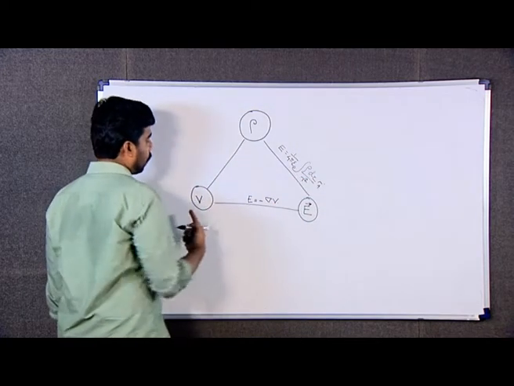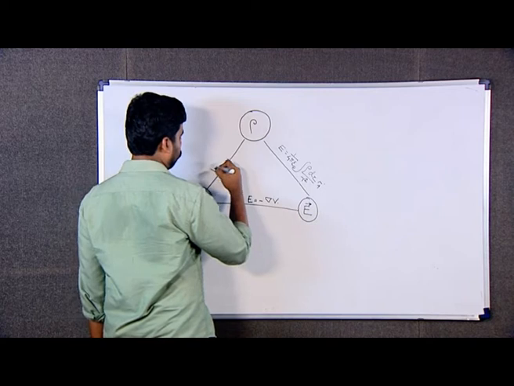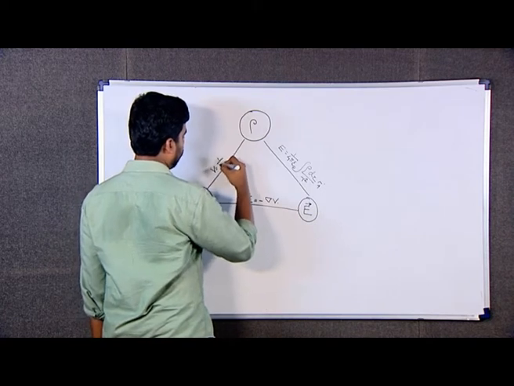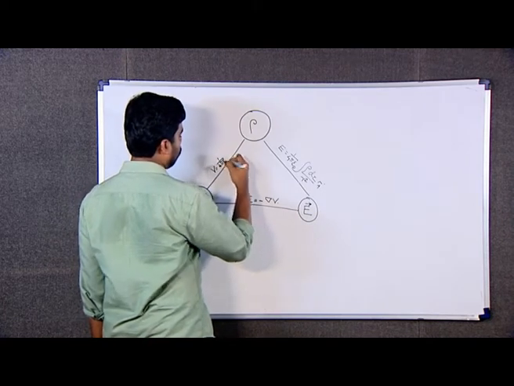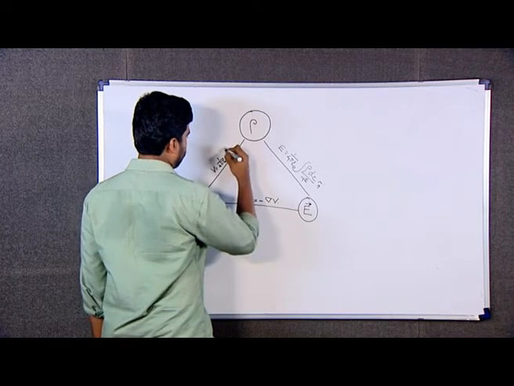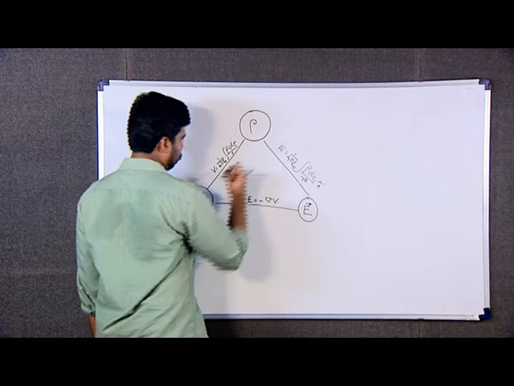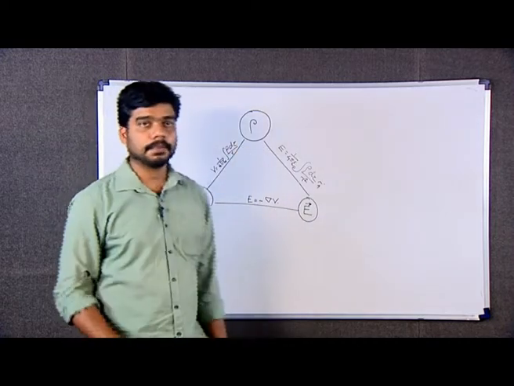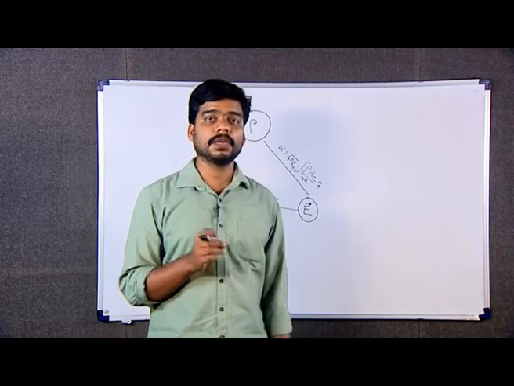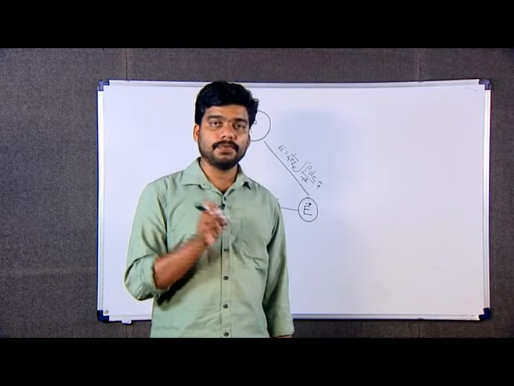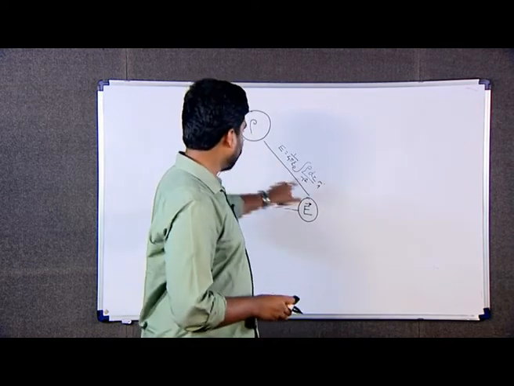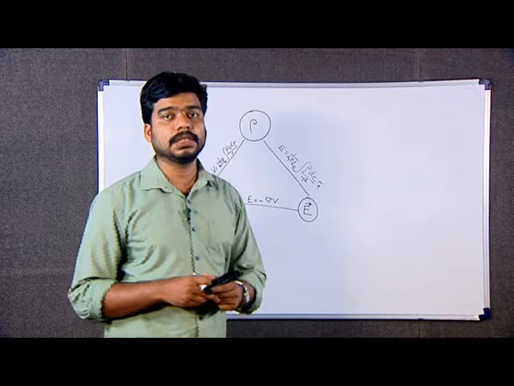And what about V and rho? V is equal to 1 by 4 pi epsilon 0 integral rho d tau by r. This is the connection between rho and V, and similarly rho and E, and V and E.